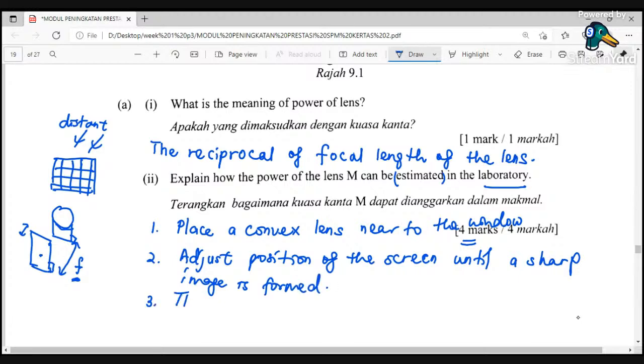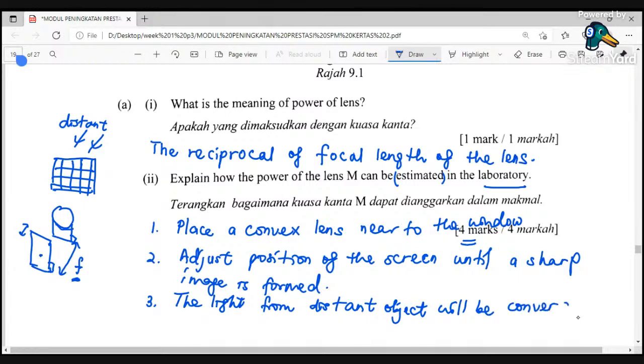The light from distant object will be converged to the screen.